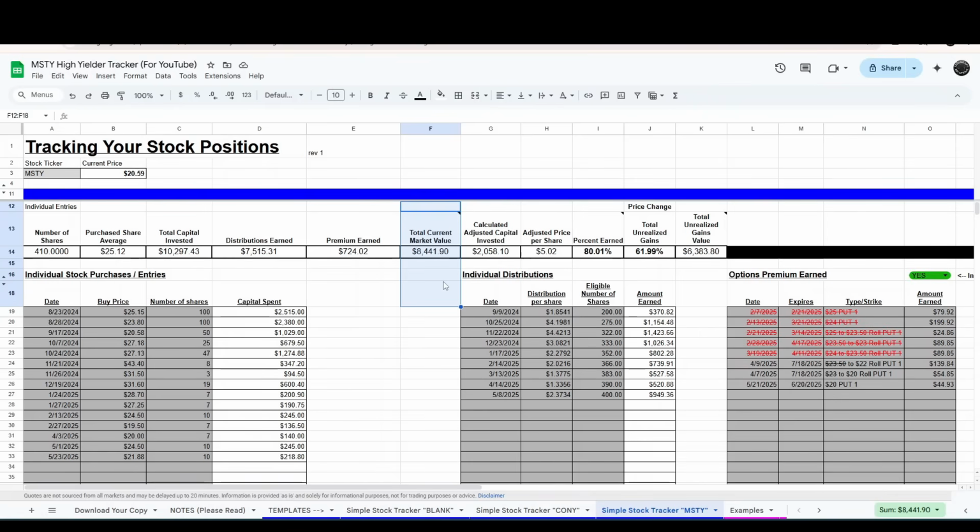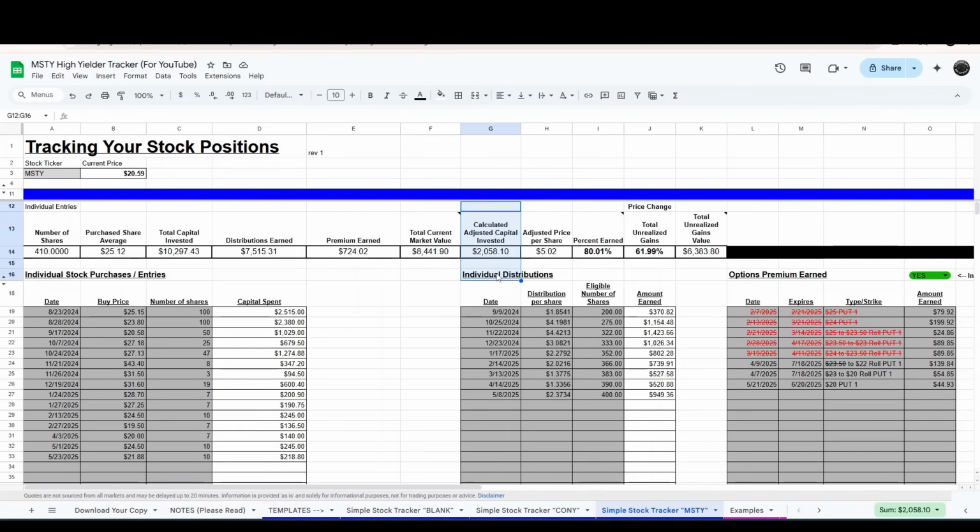But what that does not include is any premium or distributions that we've earned. This is just the market value of the number of shares times the current price listed up here. But this next cell right here, showing $2,058.10, is my calculated adjusted capital invested.